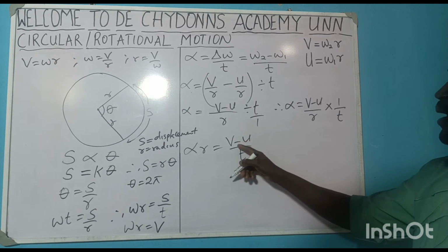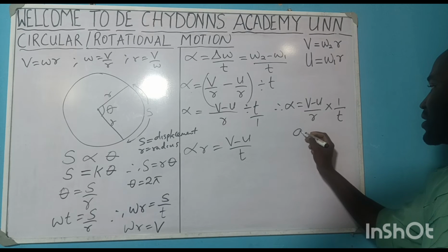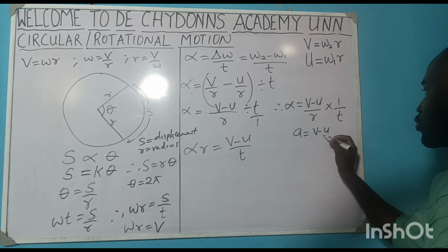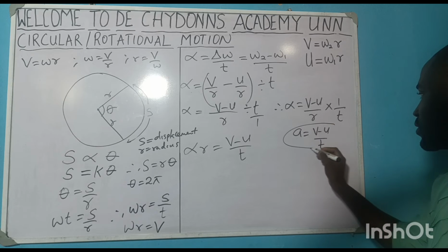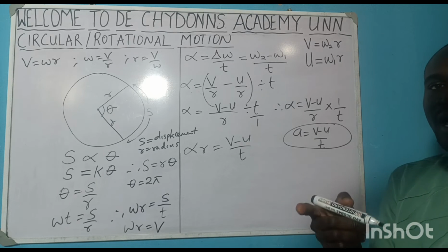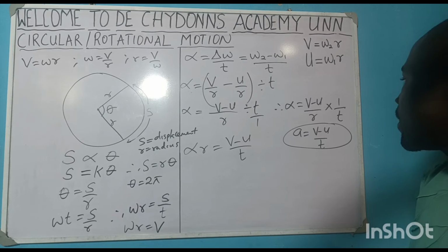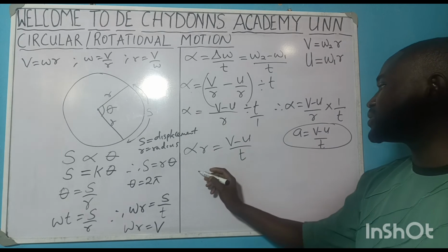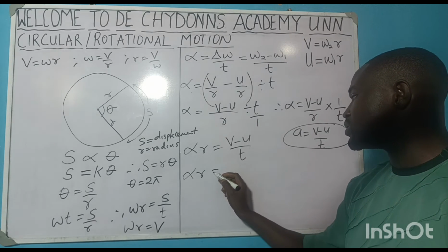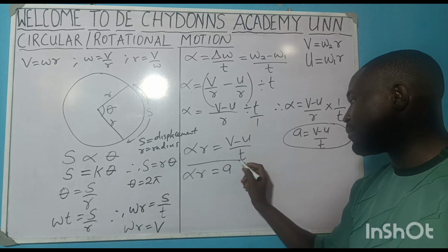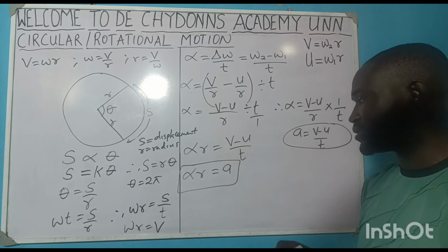Remember that this is equal to V minus U all over T. Remember this from your linear motion formula. And so we will say alpha R is equal to A. Another important formula you should not forget.